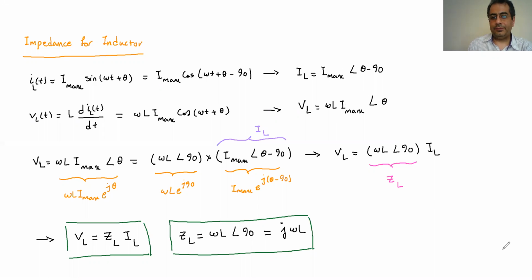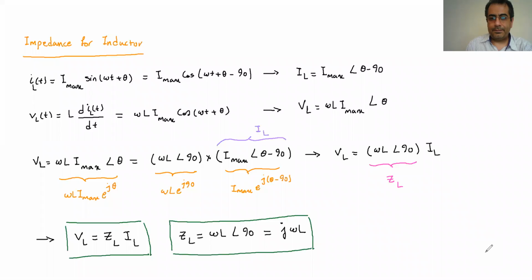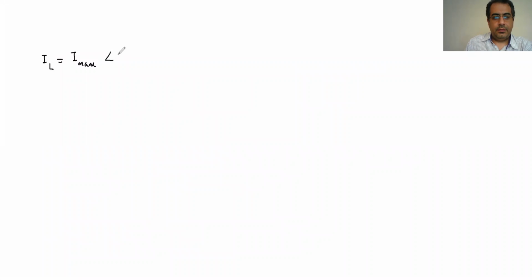The IL was I max with the angle of theta minus 90, and the VL was omega L I max with angle of theta.